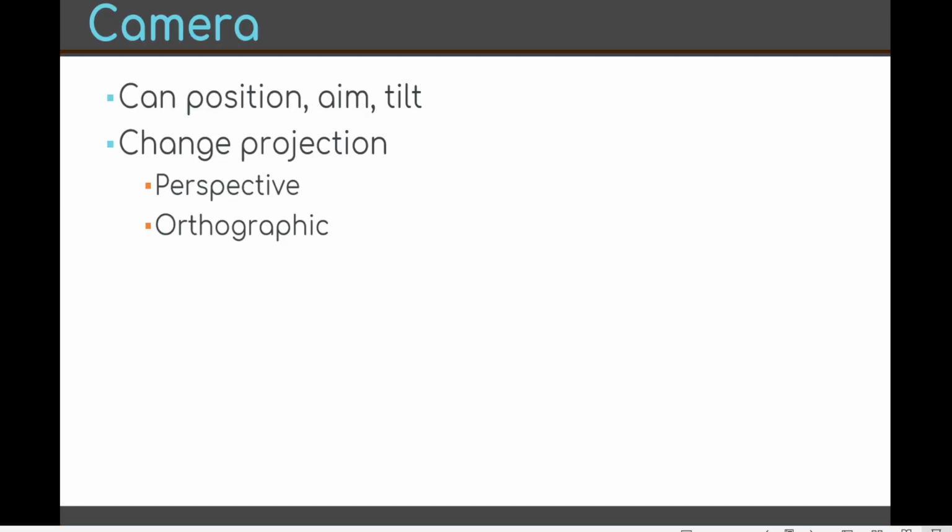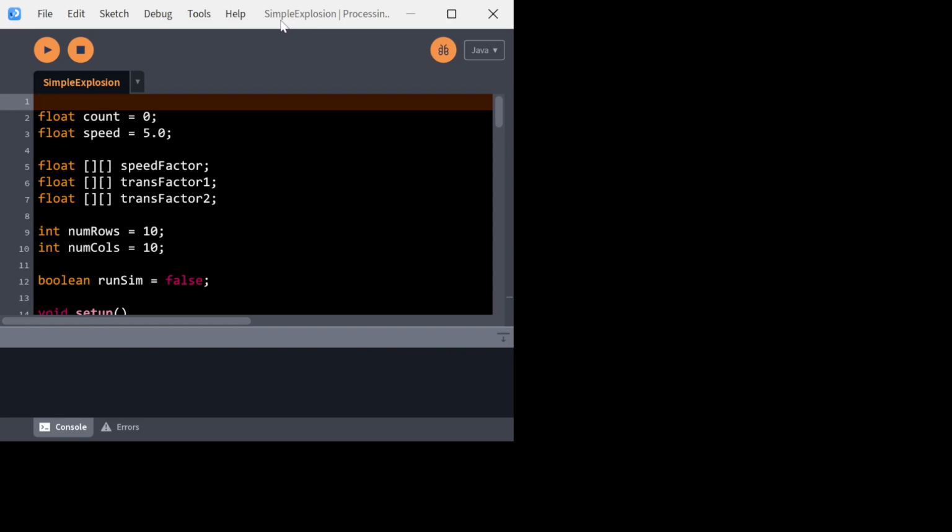All right. I want to look at just some more examples here for 3 dimensions. Let's go back to the code editor here. Okay, we've got the line example, simple drawing, simple objects. I want to look at the explosion. All right, here's our simple explosion.